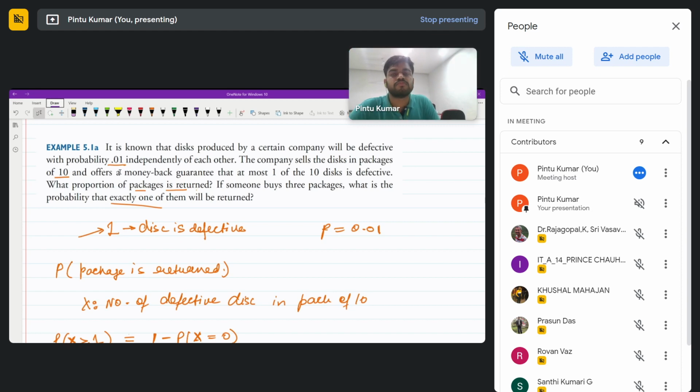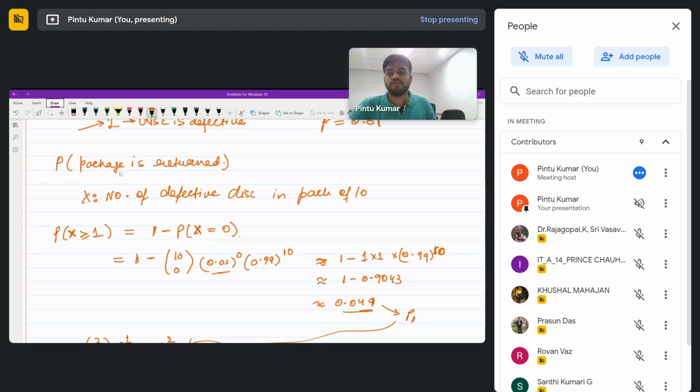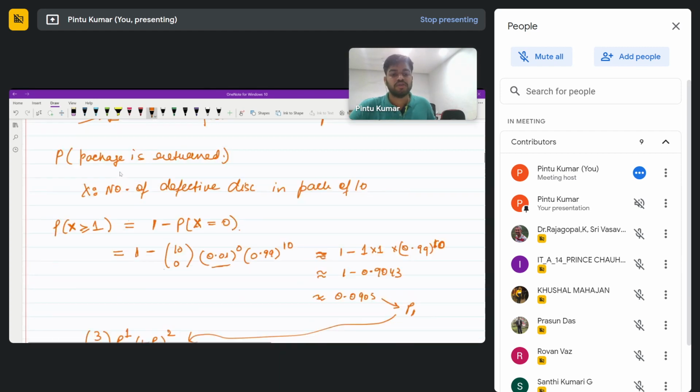Sir, the Bernoulli will apply in the last stage where they asked, if I am buying three packages, what is the probability that I will return one. Yeah. So that is basically the probability that one is defective, that means one package is defective. Let us see it that way: what is the probability of one pack being defective out of three. So three combination one, whatever, the last part.